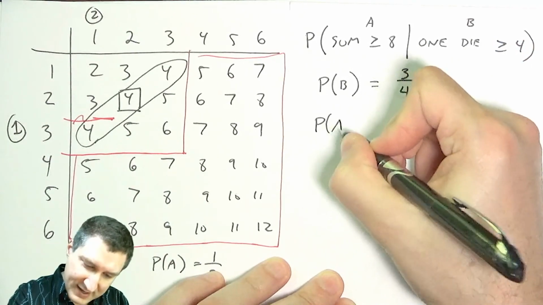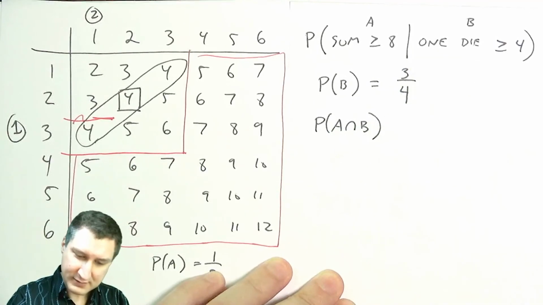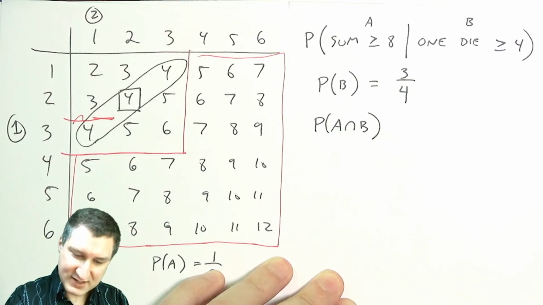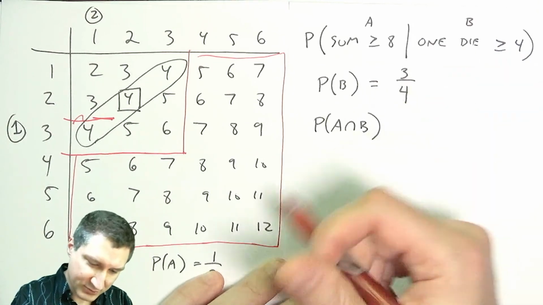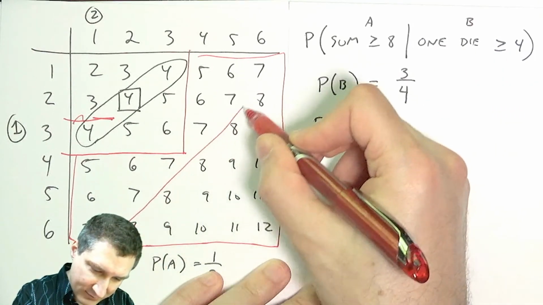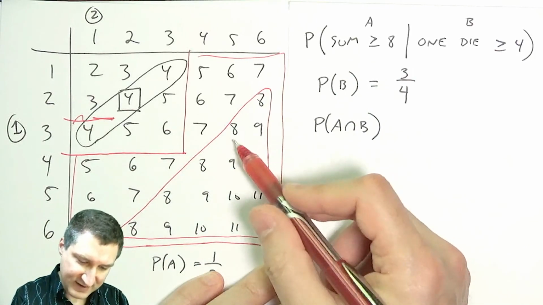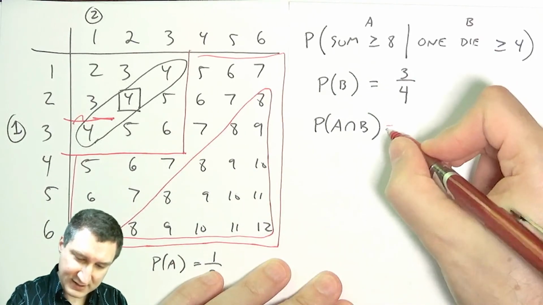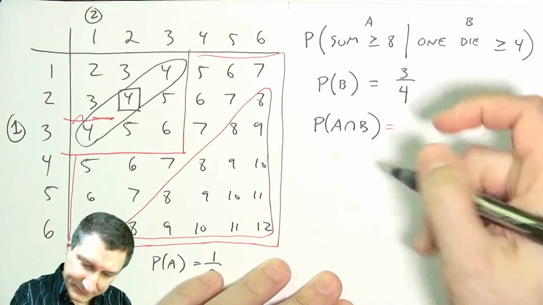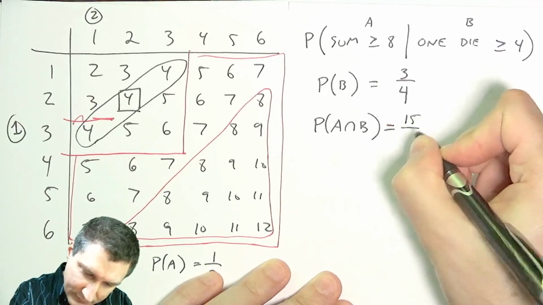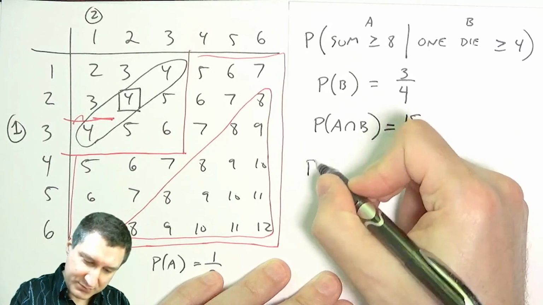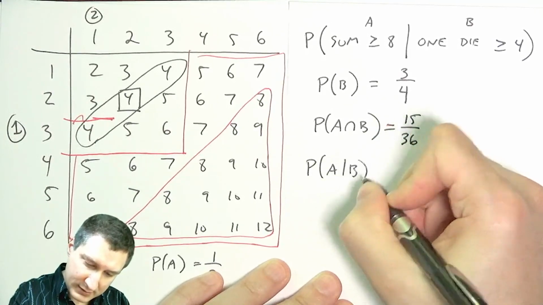What's the probability of A intersect B? That's like saying, in how many of these cases is the sum greater than or equal to 8? That means I'm looking at these outcomes here. How many of them are there? There's 5 plus 4 plus 3 plus 2 plus 1. There's 15 out of 36. So what's the probability of A given B?